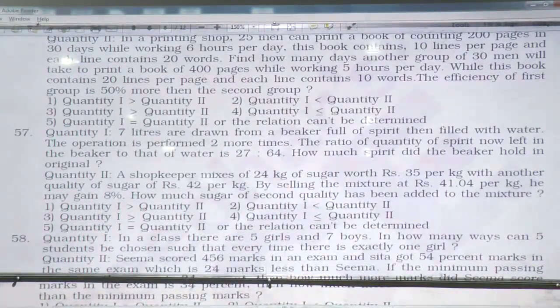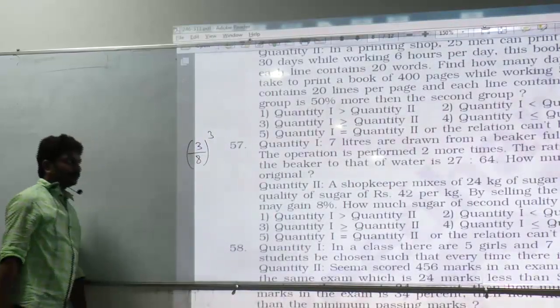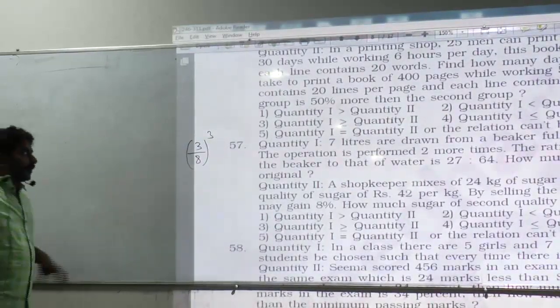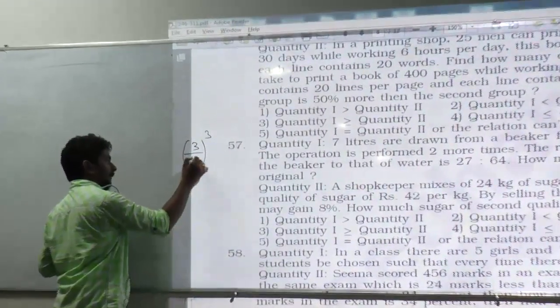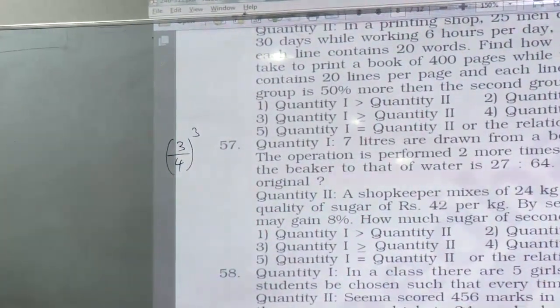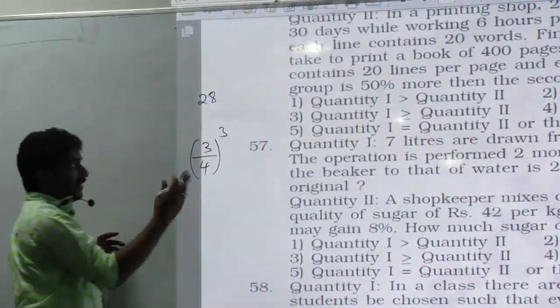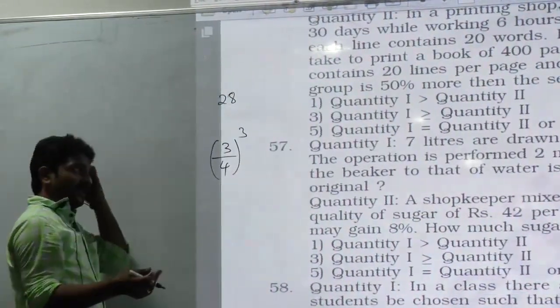80, 91. 3/8 whole cube. 3/4 whole cube. 1/4. 7, 28. Let's say 28. 7 liters are drawn.